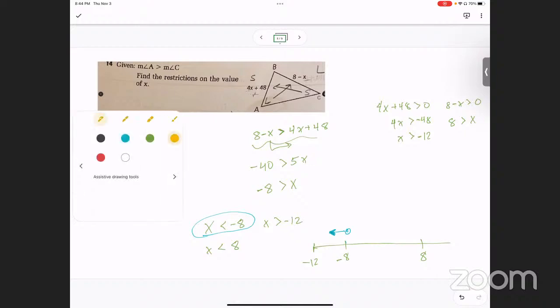This one is saying x is less than positive 8, so it's saying this. And this one is saying that x is greater than negative 12, so it's saying that. So which of those lines do I really not need? X is less than 8.